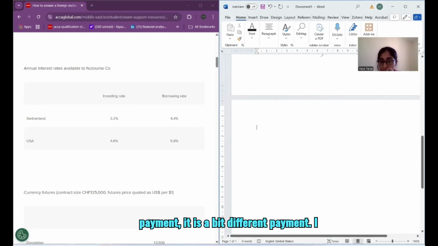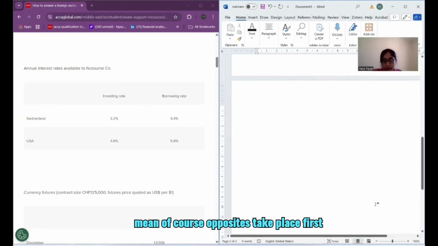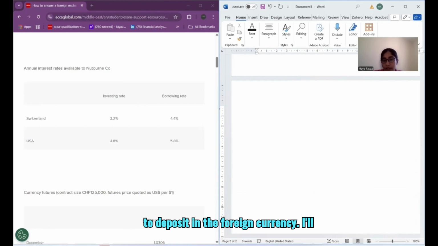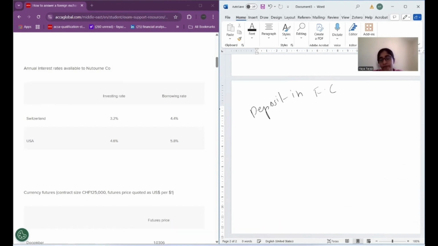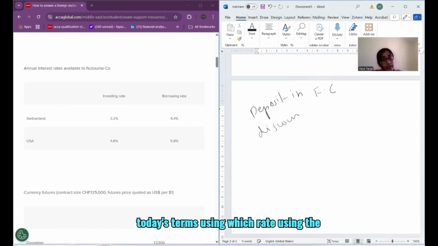Similarly, for payment, it is a bit different. Of course, opposites take place. First, deposit in the foreign currency. I'll write the steps, it's okay. If we have to make a payment in CHF, we would deposit in the foreign currency that same amount, then discount it to today's terms using which rate?